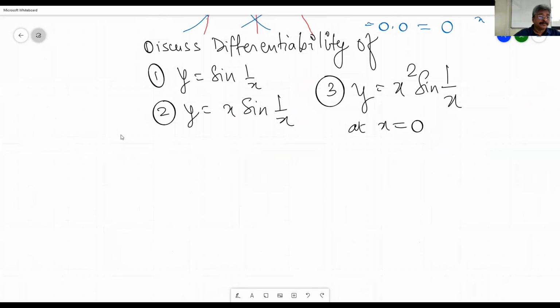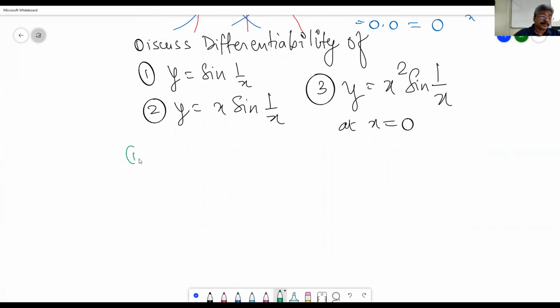First one, limit x tends to 0, f of x minus f of c, so sine 1 upon x minus sine 1 upon 0, upon x minus 0.